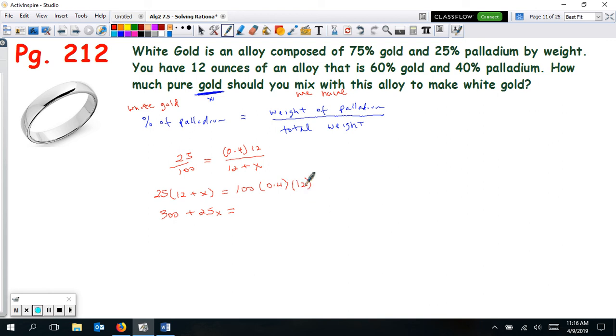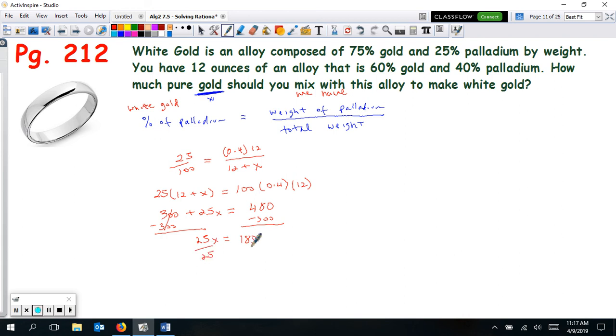So 4 times 12 is 48, so that's 48 with a 0, so that's 480. And then we want to subtract our 300. And so that's going to give us, these are going to cancel, 25x is equal to 180 here.